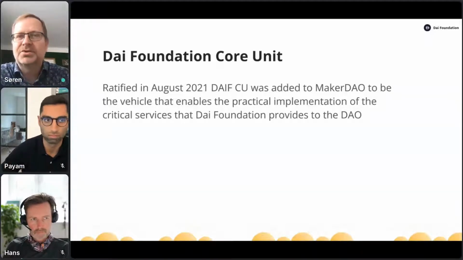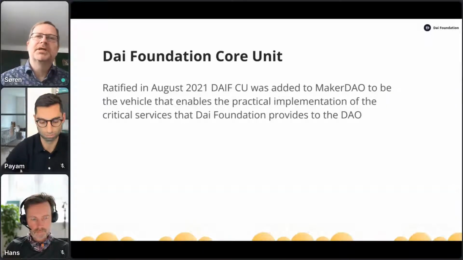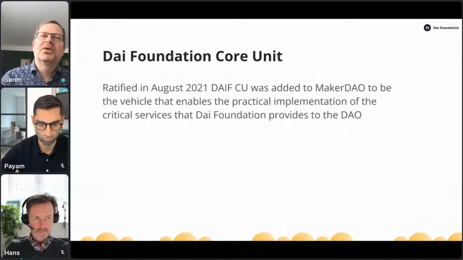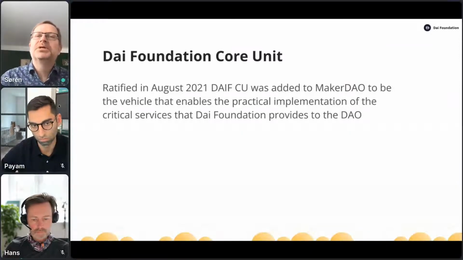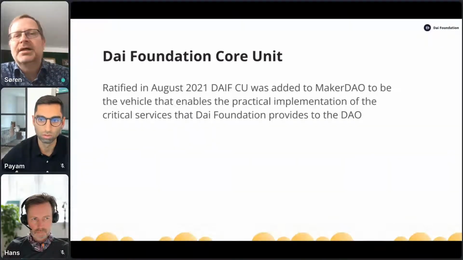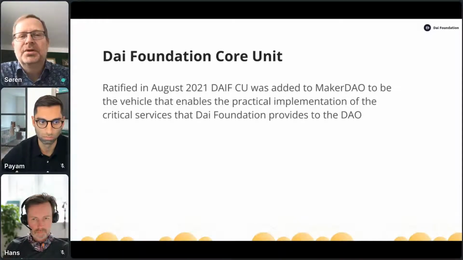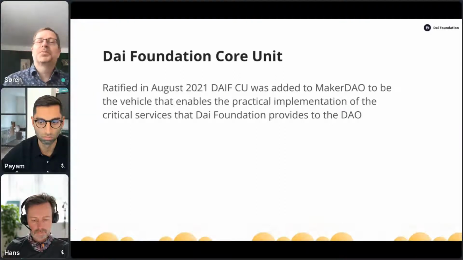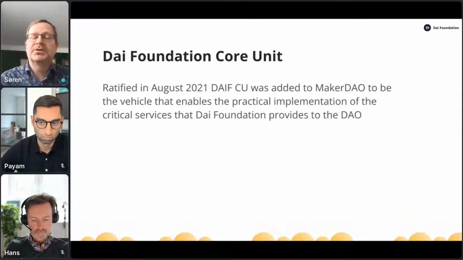And when I say critical services, that is again making sure that for all the IP we have, people who want to create content for it can get the access as approved by Maker Governance, and can get the access without any undue bureaucracy or technical snafu. And that obviously requires some resources.